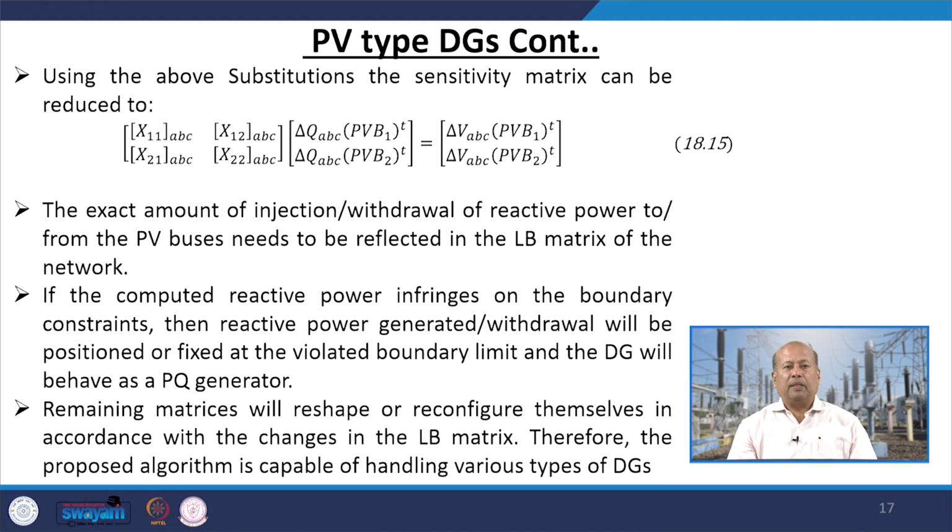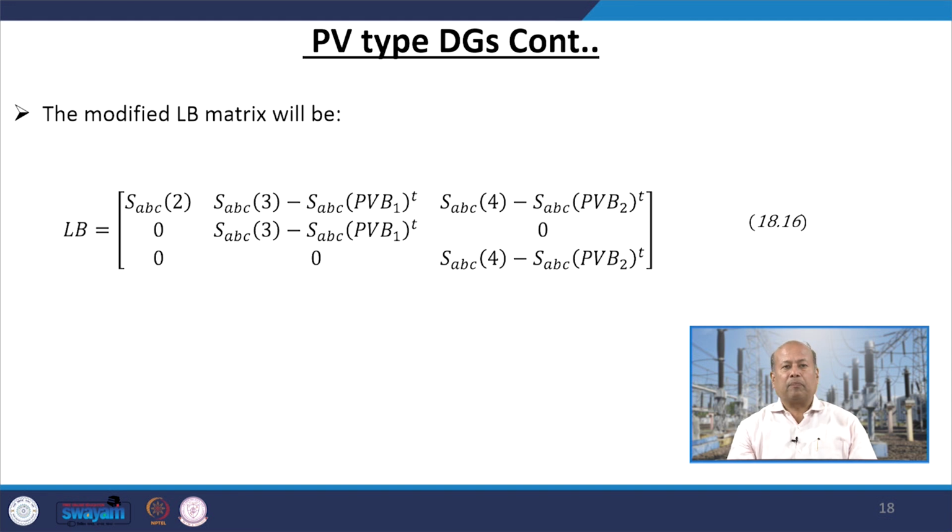Remaining matrices will reshape or reconfigure themselves in accordance with the changes in the LB matrix. Therefore, the proposed algorithm is capable of handling various types of DGs. The modified LB matrix will be of the type as you see in equation number 18.16.